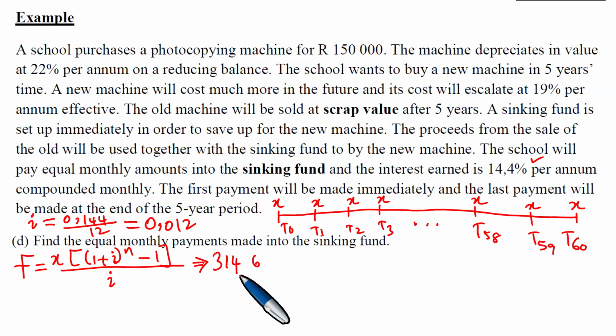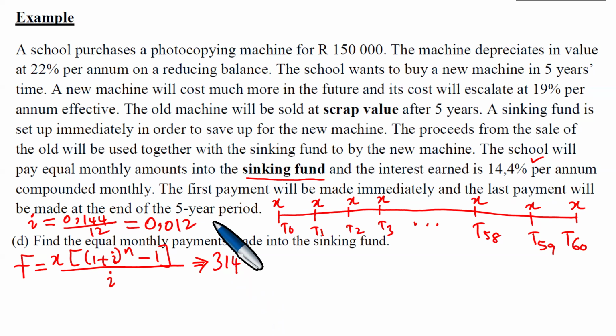Sir, can I ask, when? Okay, so for a sinking fund, we always use future value. That's a good question. For a sinking fund, yes, because we're saving for the future. A sinking fund is like a savings account.